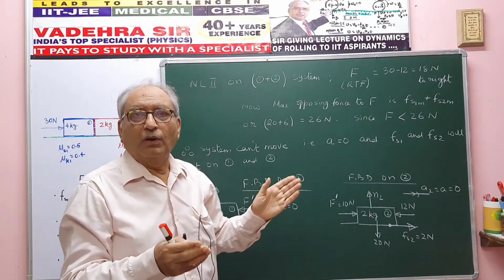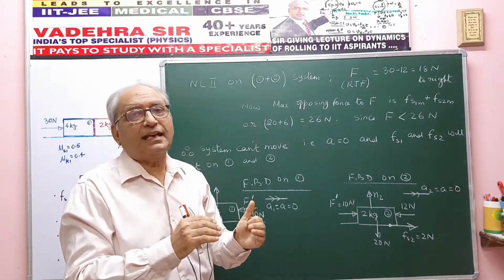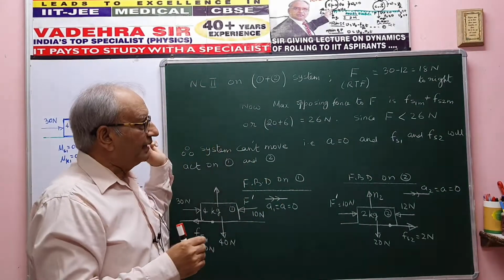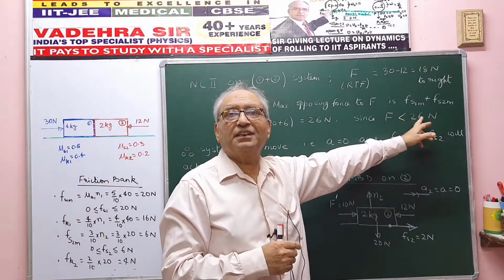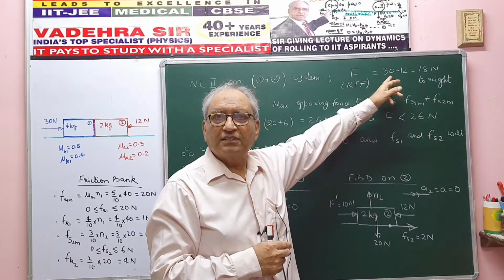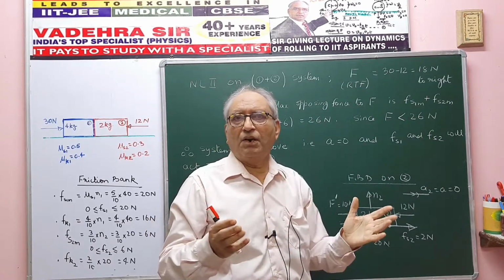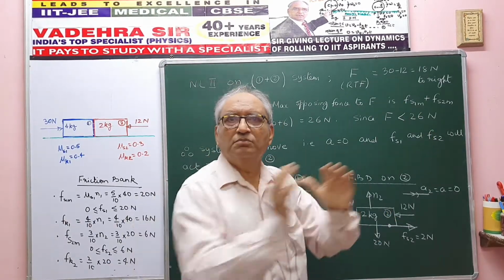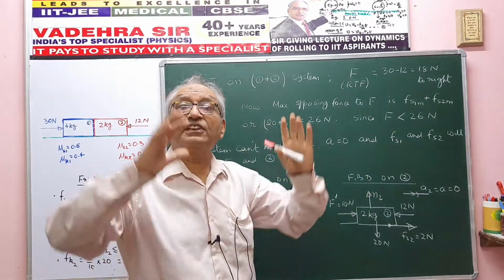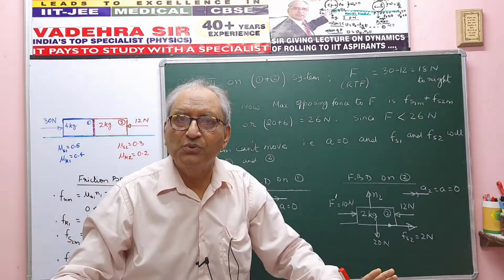That will of course be Fs1m plus Fs2m. I find that it comes out to be 26 Newton. Wow, 26 Newton. Traction, 18 Newton. Come on, 18 Newton is not able to overcome the opposition. Therefore, the system will not move.